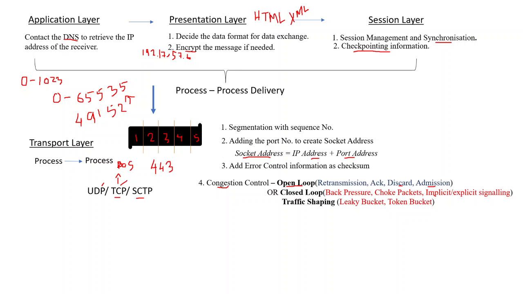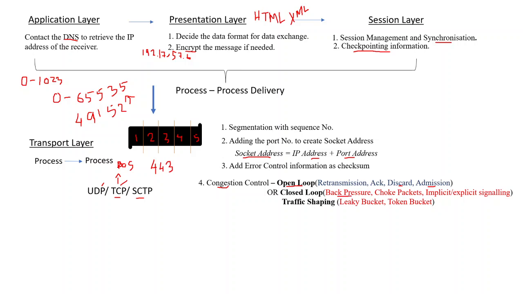When the traffic is quite high, then they deny connection to other machines. So if another machine is trying to contact that machine, it denies a connection establishment. Then we have closed loop congestion control, that is, after a congestion has taken place, these are the policies that kick in.